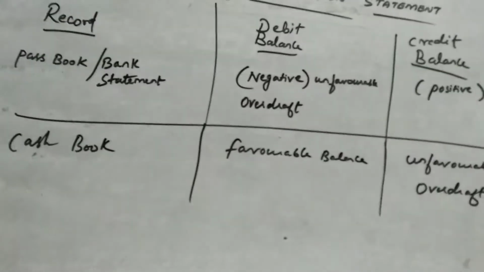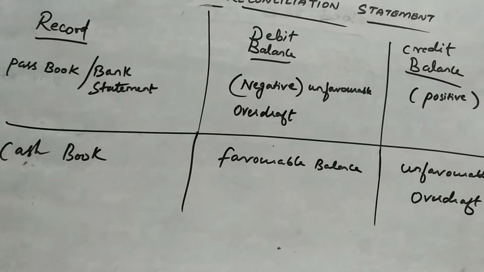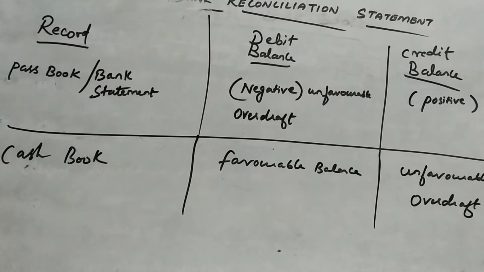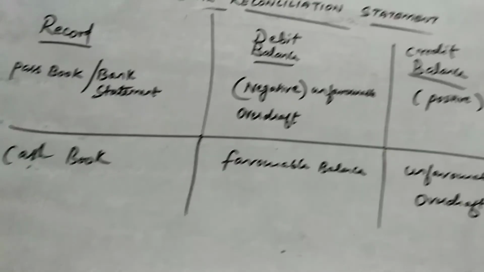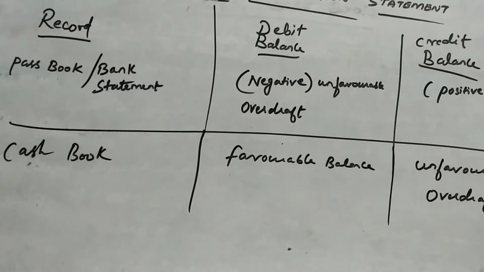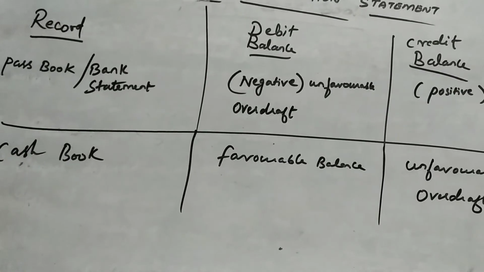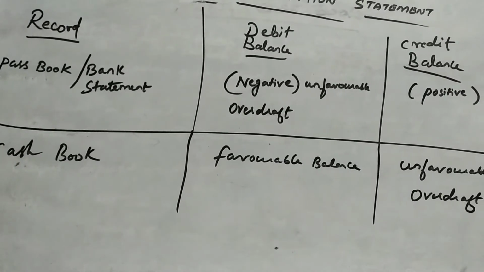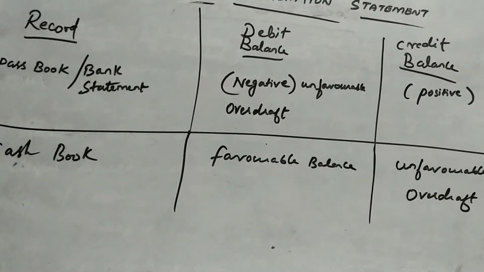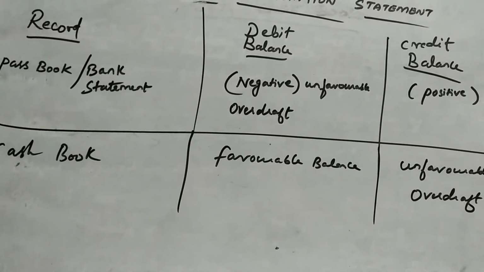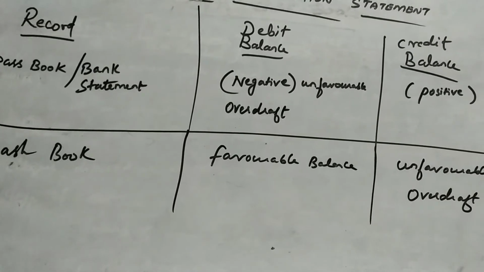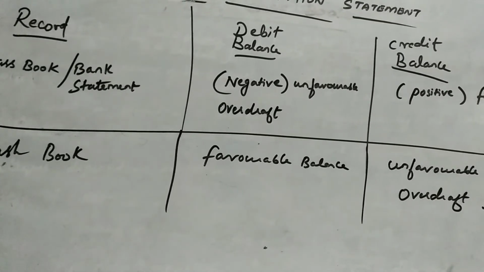Now we are going to see the debit balance and credit balance, which is favorable and which is unfavorable. In case of passbook or a bank statement, if you have a debit balance at the end, then it is negative, which means unfavorable.